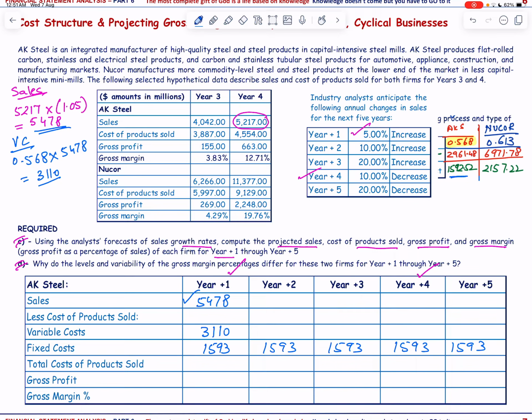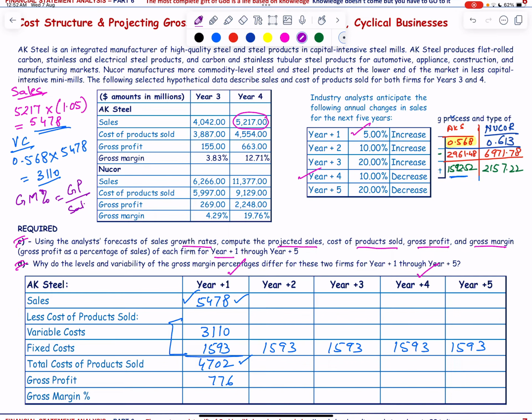So this will give us the total cost of production for year plus 1, and the total cost is the variable cost and the fixed cost, that is 4702, and the gross profit will be sales minus the total cost, that is 776, and then the gross margin percentage is going to be the gross profit divided by sales.